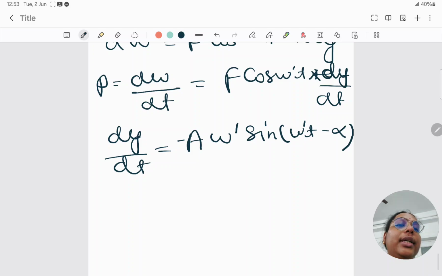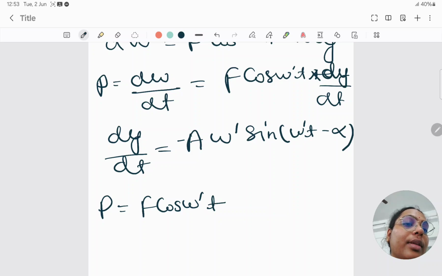So put this here, so the power will become F cos omega dash t into minus a omega dash sine of omega dash t minus alpha.